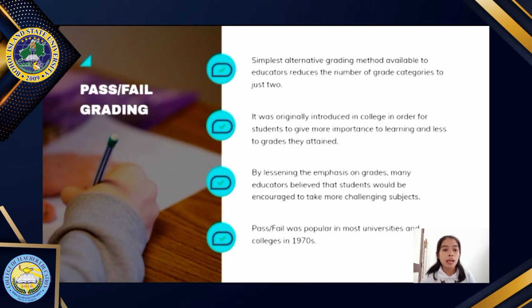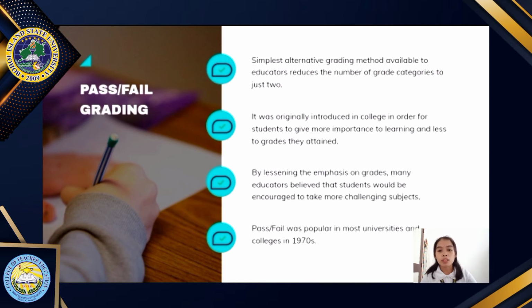And by lessening the emphasis of grades, many educators believe that students would be encouraged to take more challenging subjects. And this pass or fail grading method was popular in most universities and colleges way back in the 1970s. And you will be marked pass if your grade is satisfactory and fail if your grade is unsatisfactory.